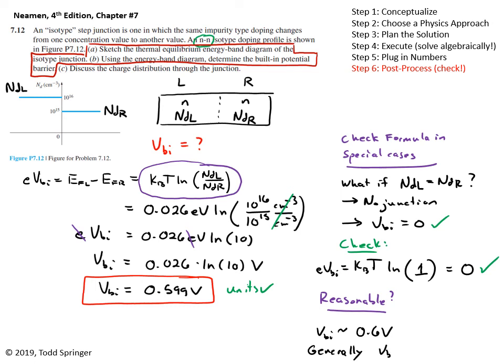But VBI is usually between 0 to 10 volts, roughly. It's never 100,000, it's never a million volts. If you ended up with a really, really huge VBI or a really, really tiny VBI, that would give you some pause. But in this case, 0.6 volts, between 0 and 10 roughly, seems like it's in the ballpark, so that's reasonable. So our answer meets all of these checks, the special cases, reasonable number, and the units, so we have confidence that this is in fact the right answer, and we've finished the problem.